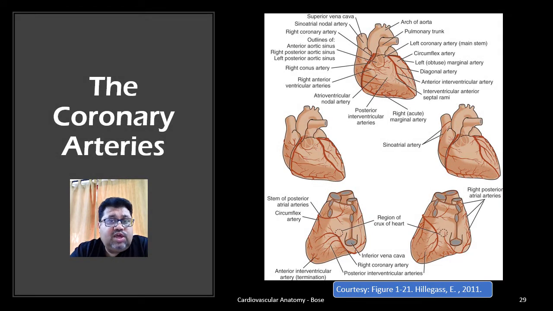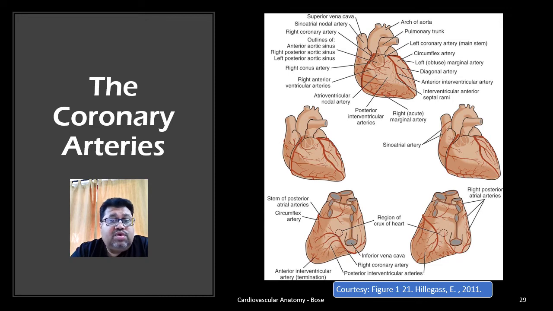Let's now look at the arteries that supply the cardiac myocardium itself. These are the coronary arteries. There are two main coronary arteries, the right and the left.